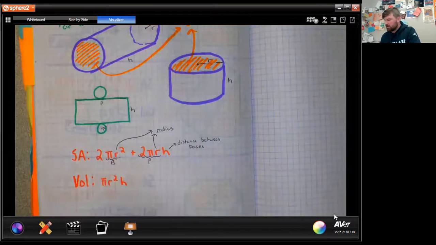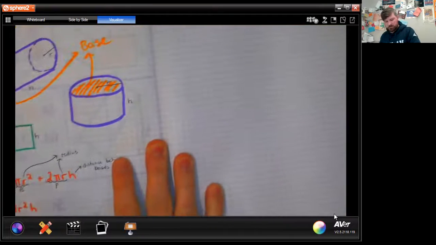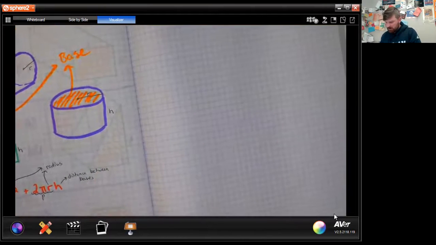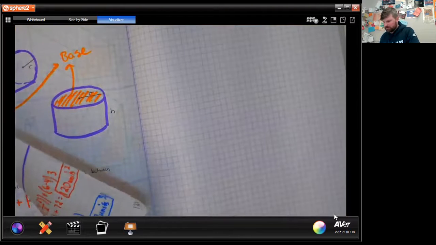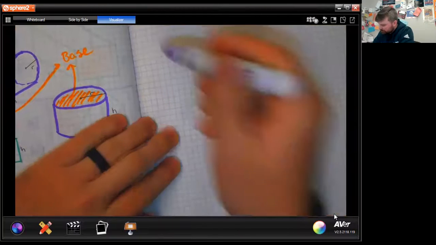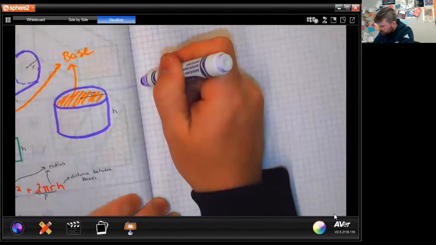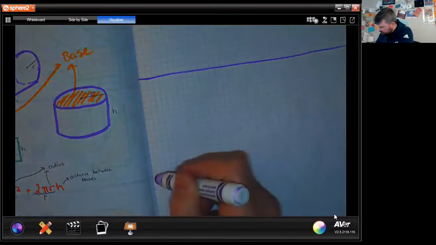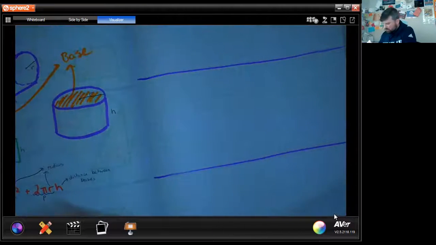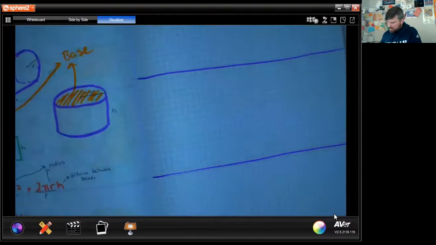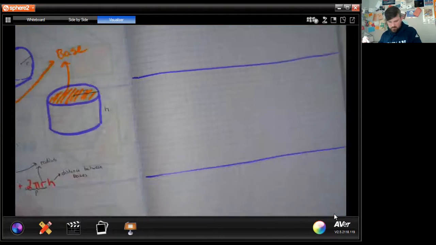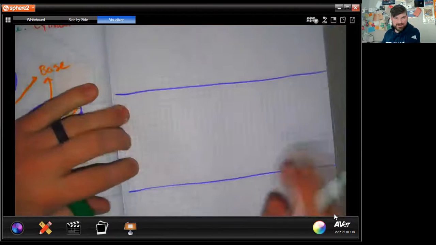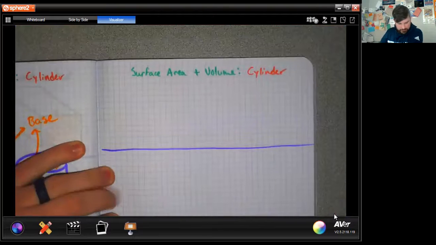Okay, we're going to go over to page 123, and we're going to do a couple of examples, 3 to be exact. So we'll split this page up. I think I did them all in green. We'll go ahead and draw our examples here.